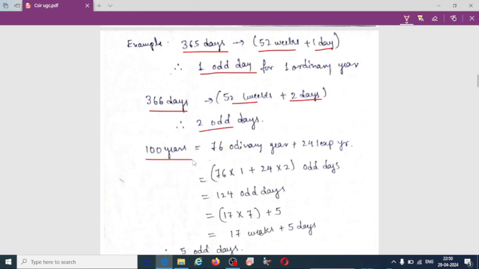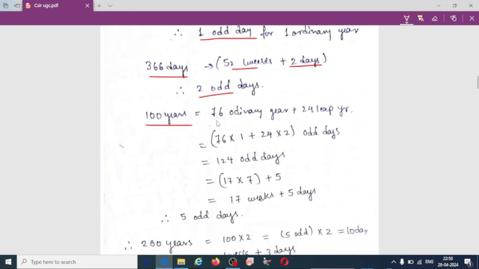If you take 100 years, first let us consider ordinary years 76, leap years 24, because every 4 years we are going to get a leap year. In an ordinary year we will come across 1 odd day. If you take a leap year, 2 odd days. So multiply with that, 76 into 1, 24 into 2, 124 days.